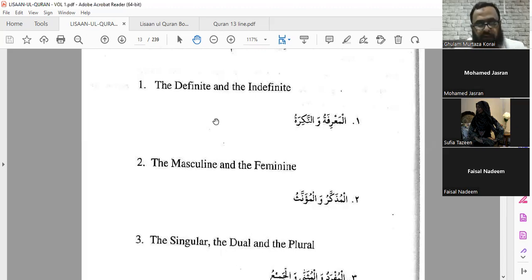In these three classifications, inshallah, we will learn different types and further divisions of noun. For example, today we are going to discuss the definite and the indefinite noun, meaning the proper noun and the common noun.